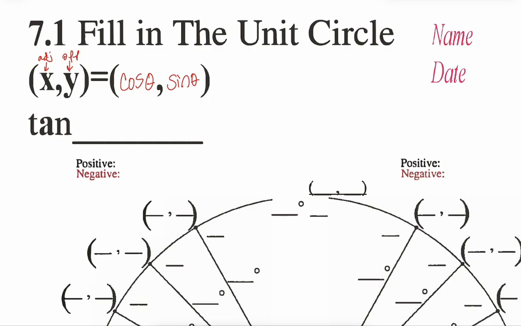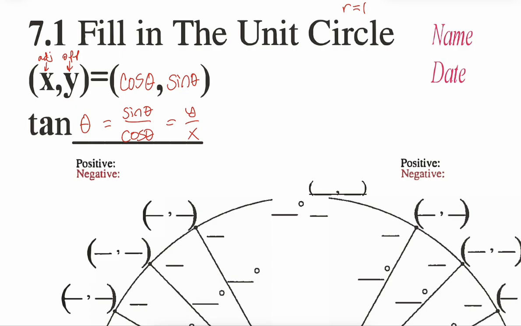And our radius is always 1. Our hypotenuse is always 1. That's what's great about a unit circle. The r is always 1. So we know that the tangent of theta is sine over cosine, or y over x. Okay, that will be on the quiz on Friday. You will have to know that information.